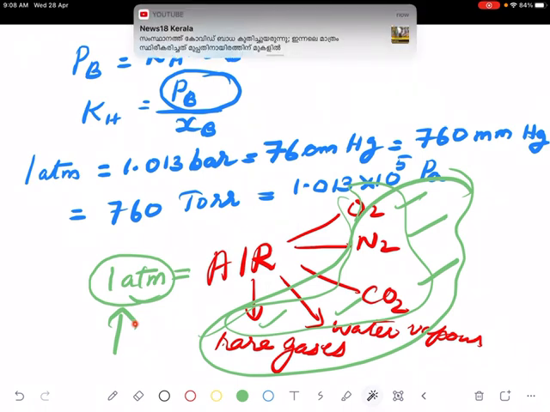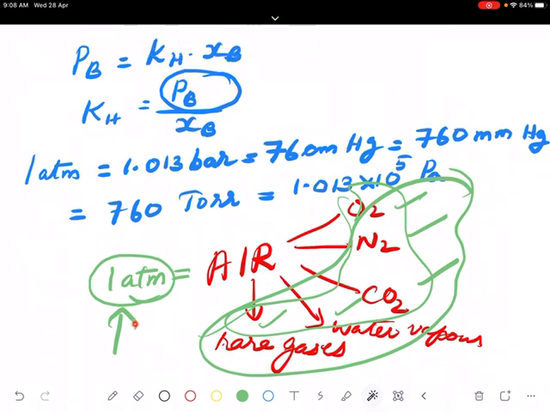So what is the individual pressure of carbon dioxide? Or the individual pressure of nitrogen? Or of oxygen? Accordingly, each gas will be soluble in water, meaning in water bodies, for example river water, lake water.